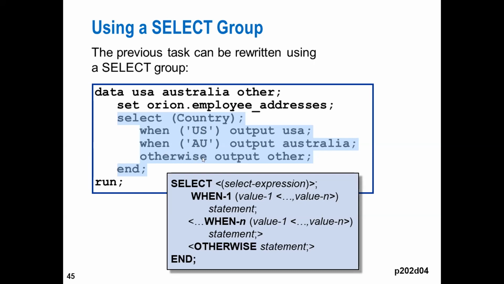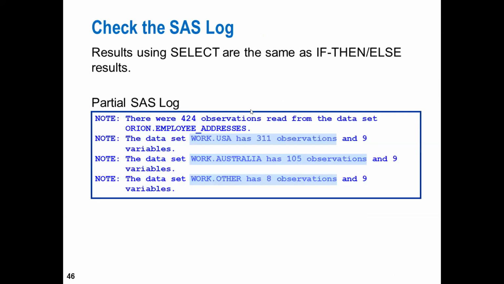So your select statement should end with an otherwise statement. It's mandatory. This will create the same output as if then else, but the only difference is that it is more effective with respect to resource utilization as compared to if then else.